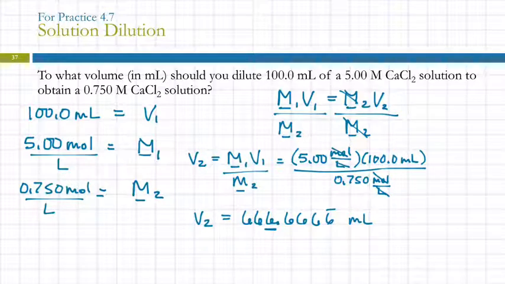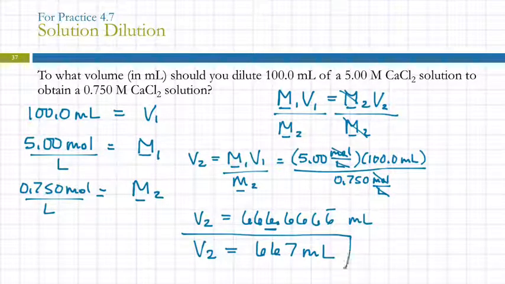So there's the third significant figure. So volume 2 will be 667 milliliters. So I need to take this 100 milliliters of 5 molar calcium chloride and add water until I get to 667 milliliters total volume. Then the concentration will be 0.750 molar. Any questions?